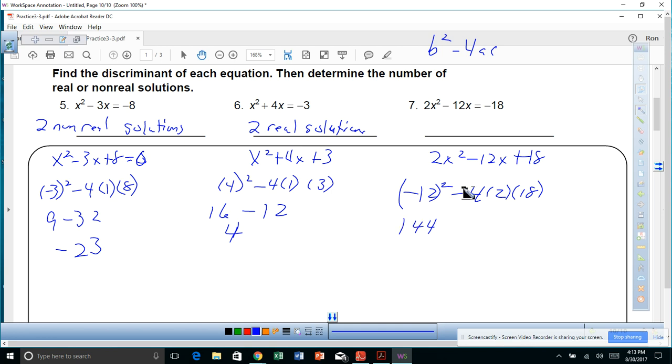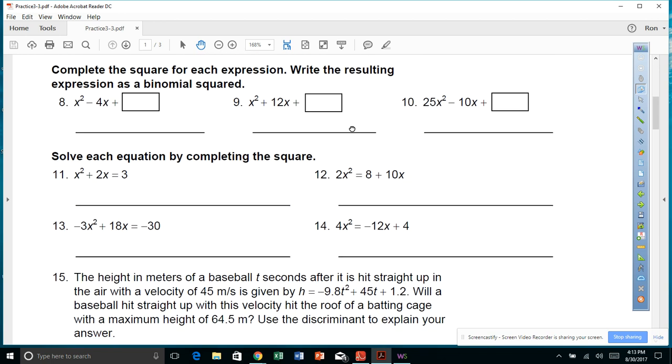And minus 4 times 2 is 8, 8 times 18, that's 144. So I get 0. So that means I'm going to have 1 real solution.